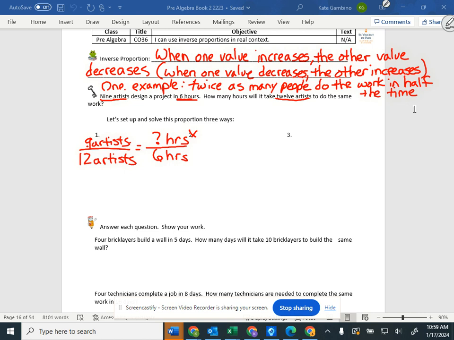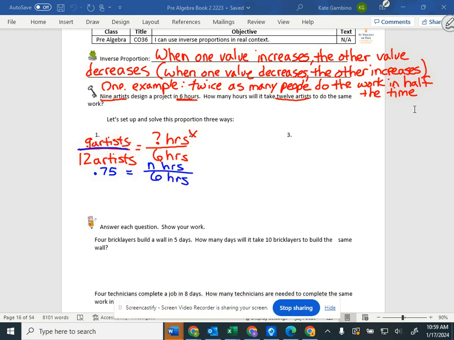Fiona just said, oh my goodness, there's 2 ways. Either way will be correct. The way Jude said was we're going to divide first. 9 divided by 12, which you get what, Jude? You get 0.75. Okay, that makes more sense. So we have 0.75 equals n hours over 6 hours.